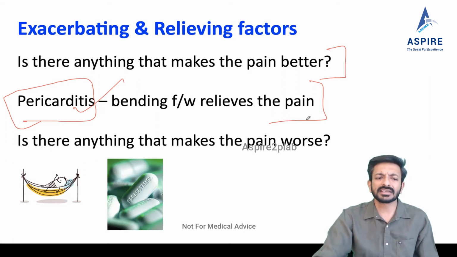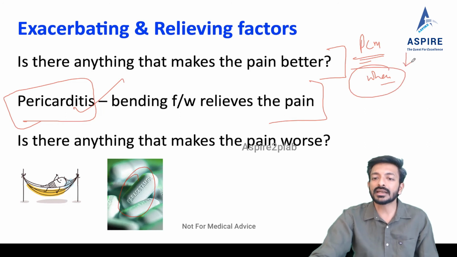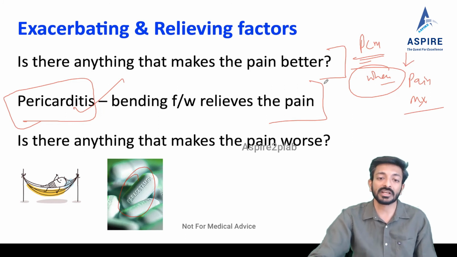But sometimes the patient might say, doctor, yes, if I'm taking paracetamol, it gets better. Ask a detailed history of that. Ask how many paracetamol did you take, when did you take? Because in the end you have to do the pain management as well. You need to know what the patient has already taken, so that you can do good pain management for the patient. So make sure you're not missing that.